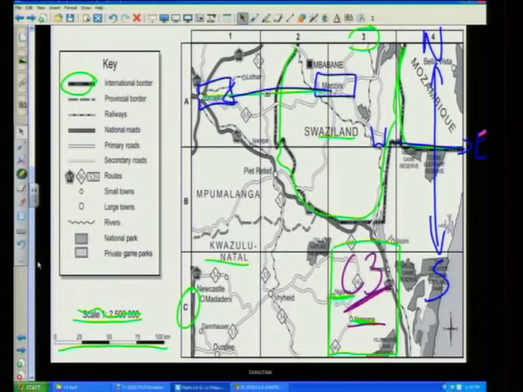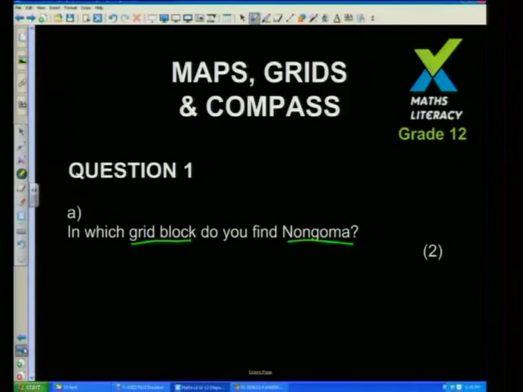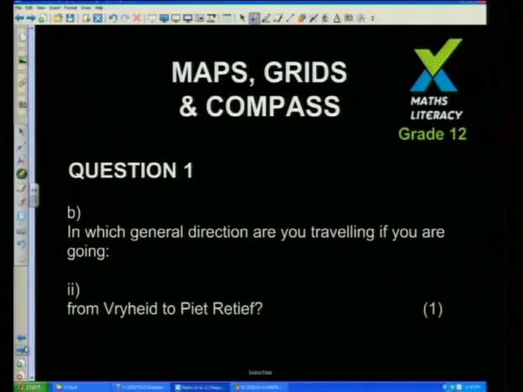And I've written all over this map, but I want to keep the writing. So let's see. There's Piet Retief, and there's Vryheid. And you can see that they're more or less in a straight line, a vertical line drawn between those two. Now, what are we going to say about that? Remember, the question said, where were we traveling from?